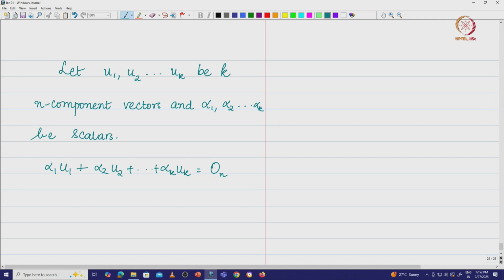Suppose we look at the linear combination that results in the 0 vector, 0 n. So we want to look at alpha 1 u1 plus alpha 2 u2 plus alpha k uk is equal to 0 n, that means the n component vector.